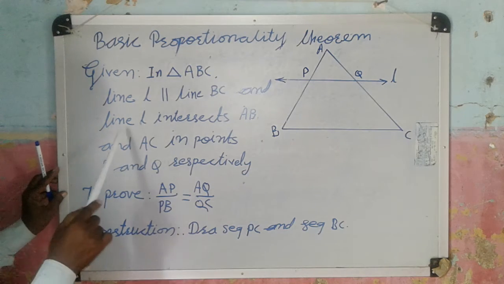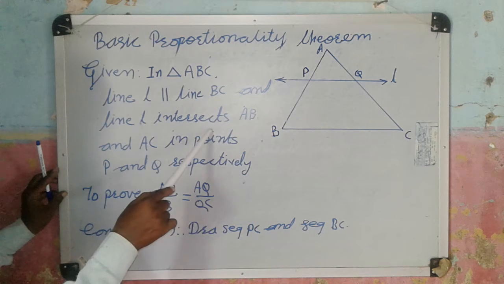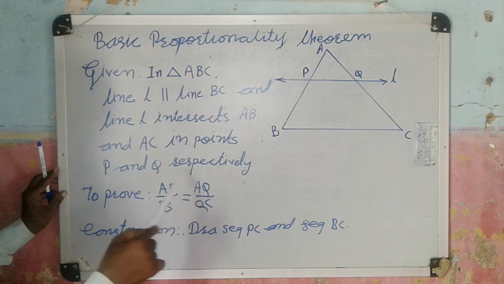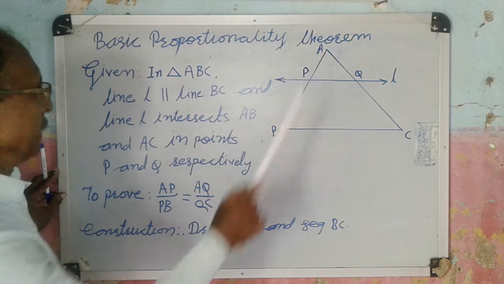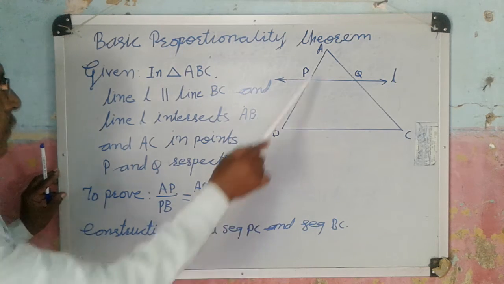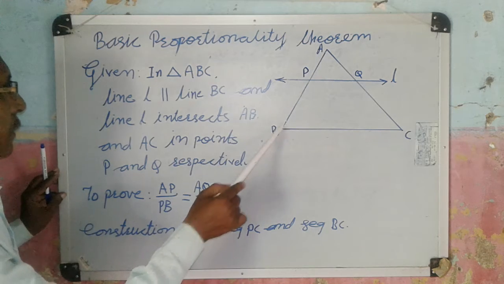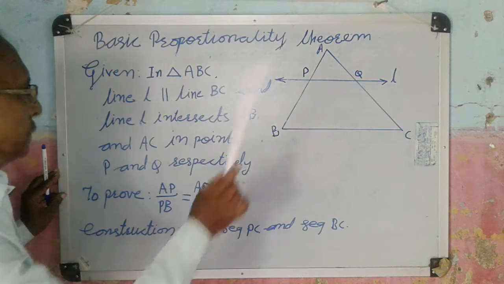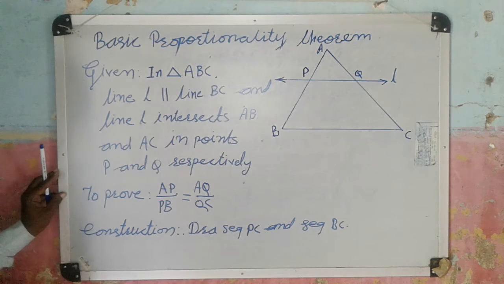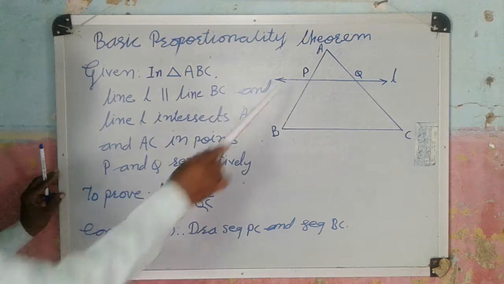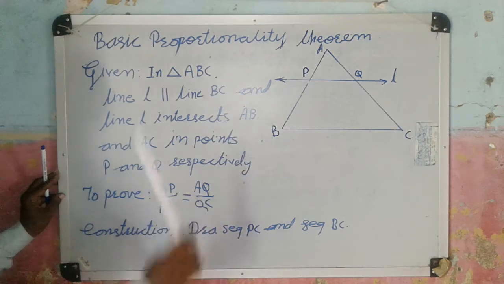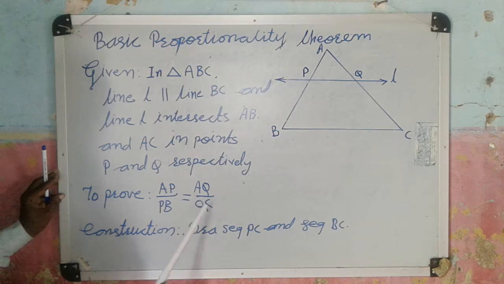And line l intersects AB and AC in points P and Q respectively. These are the given things. Now here we have to prove AP upon PB is equal to AQ upon QC.